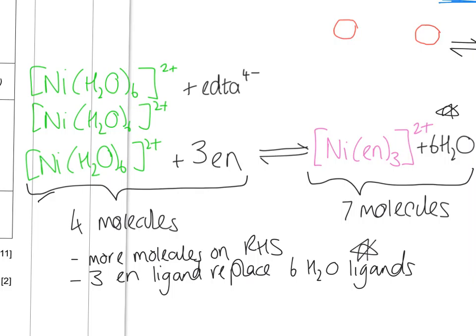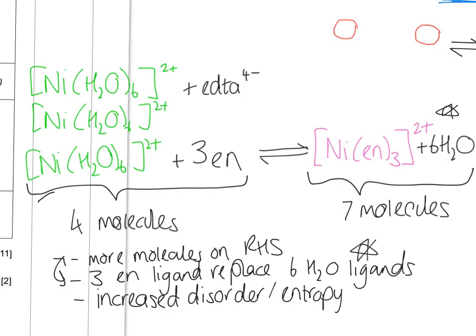But then the last point that you need to make, so it can be one of the two of these, and the last point you need to make is that this has the result of increasing the disorder or entropy of the system. And chemistry always favours the reaction which produces more disorder. So the reaction proceeds to increase the entropy of the system, and we can see that there's a higher entropy on the right-hand side because there are more molecules.